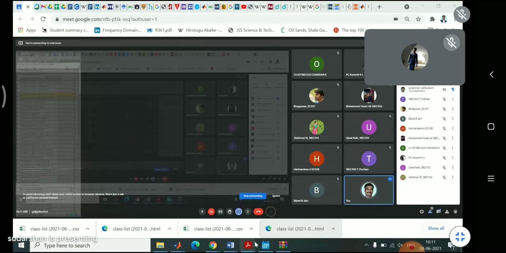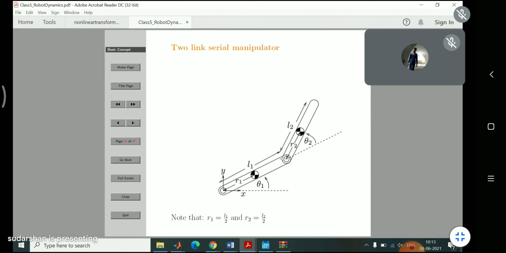R2 is basically L2 by 2. R2 cos theta 2 plus R2 sin theta 2. So L1 plus R2 cos theta 2 plus R2 sin theta 2. So that is the center for the second link. So two position vectors. We have to calculate kinetic energy for the first link and kinetic energy for the second link.